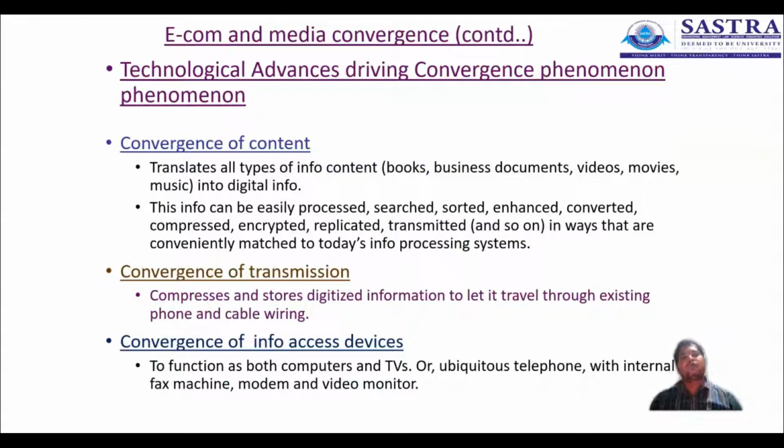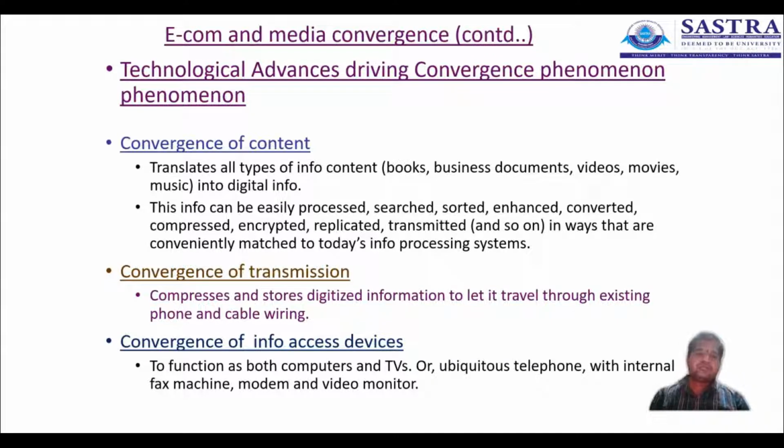Then coming to the technology advances driving the convergence phenomenon in e-commerce. So convergence of content, what do you understand by convergence of content? Translate all types of information content like books, business documents, videos, movies, music into digital information.